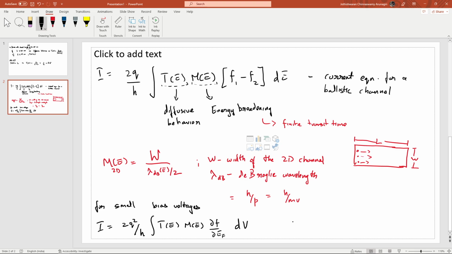Where V is the, no, I'm sorry, apologies. For a small bias, yes, it will be dE times V. So this whole quantity takes the form of the conductance.